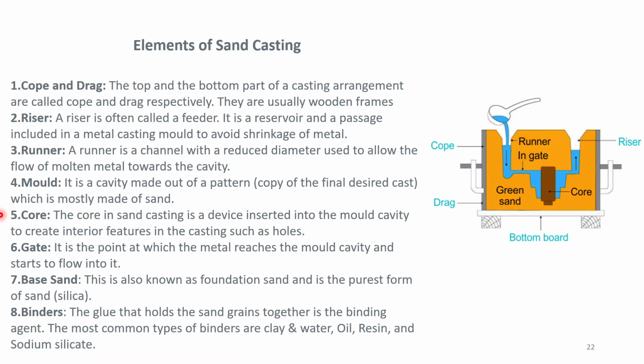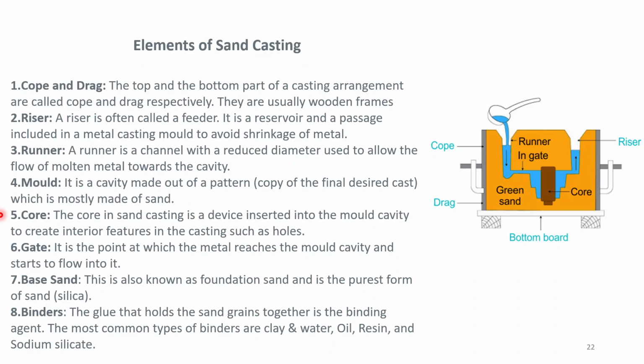A core is a device inserted into the mold cavity to create interior features in the casting, such as holes. A gate is a point at which the metal reaches the mold cavity and starts to flow into it.